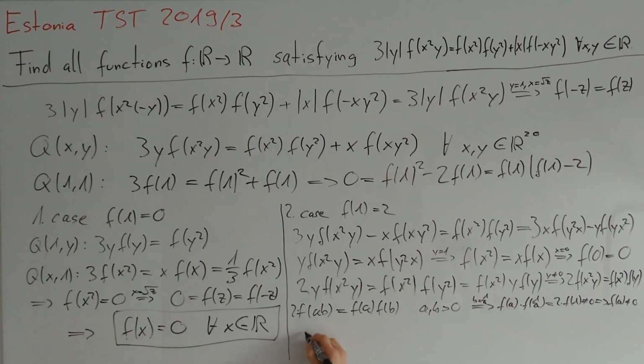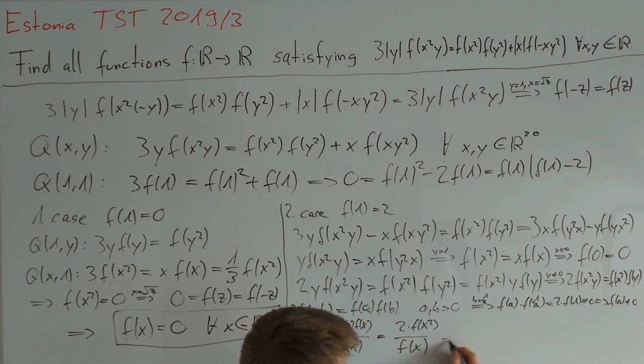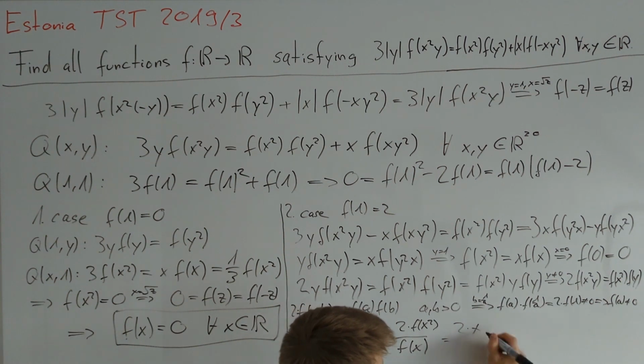Therefore, we can now write f of x is equal to f of x times f of x over f of x, which is equal to, now we use this identity here, 2 times f of x squared over f of x. At this point we use this identity here to get that this is 2 times x times f of x over f of x, and this is now equal to 2 times x.